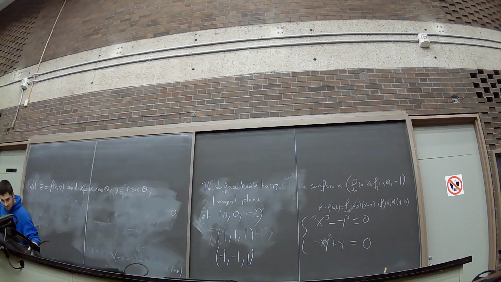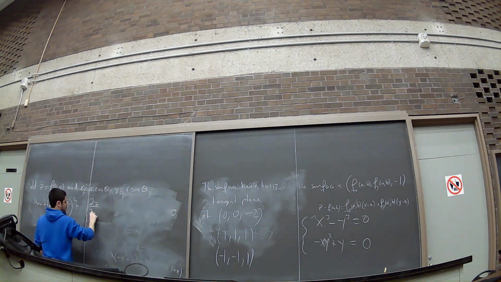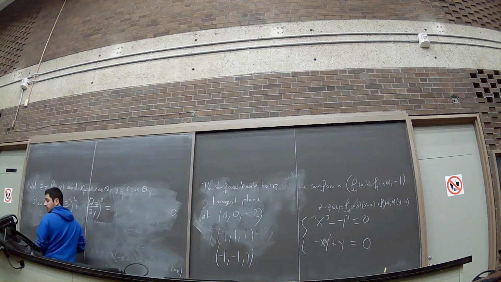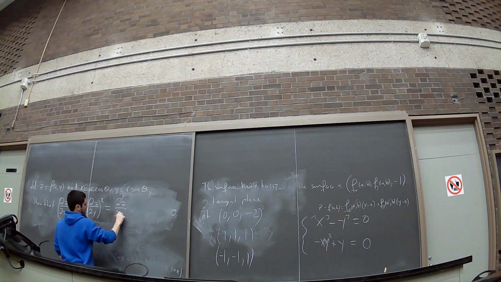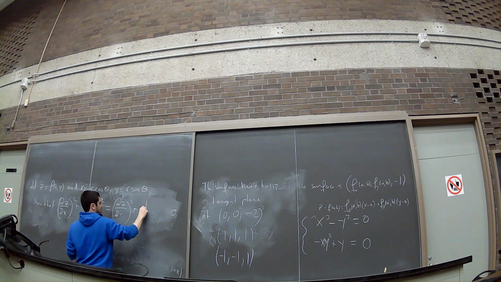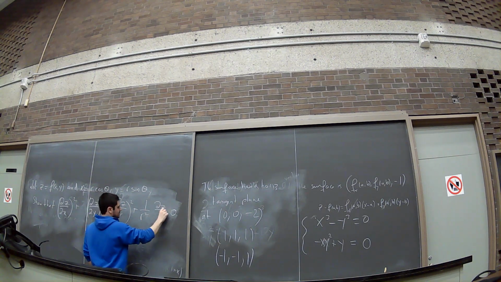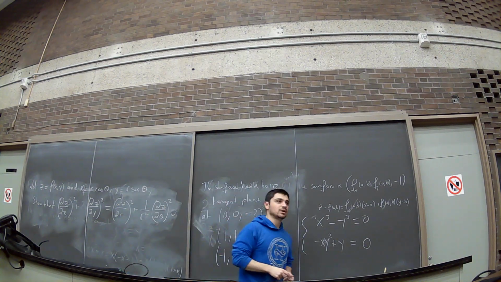Show that del z del x squared plus del z del y squared is equal to del z del r squared plus 1 over r squared del z del theta squared. Okay, this is going to be a bit dull, but let's do it.